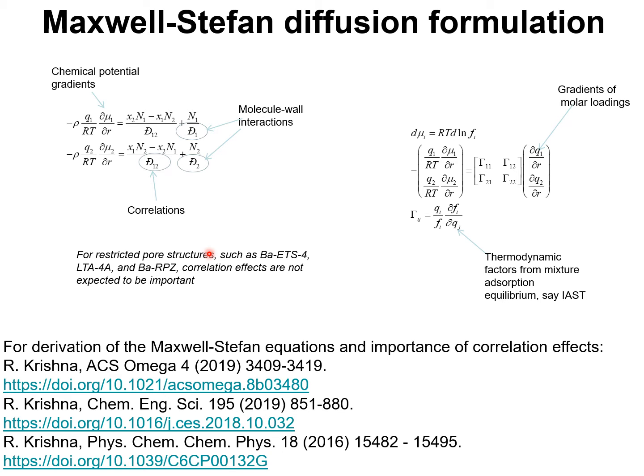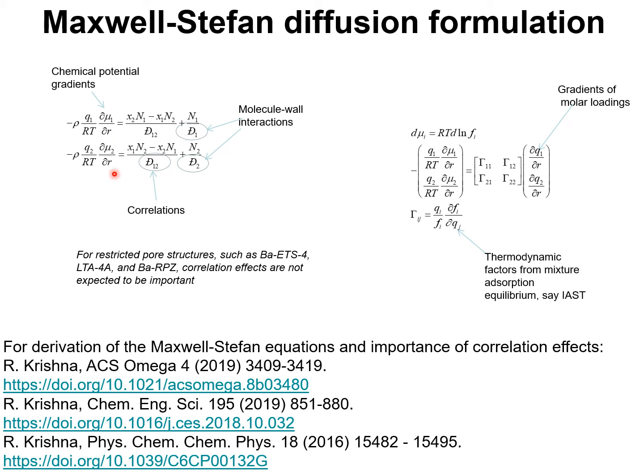For restricted pore structures such as barium ETS4, LTA4A zeolite, and Barium-RPZ, the first right member of these equations is not expected to be important. For further background, I refer you to my publications on this topic.